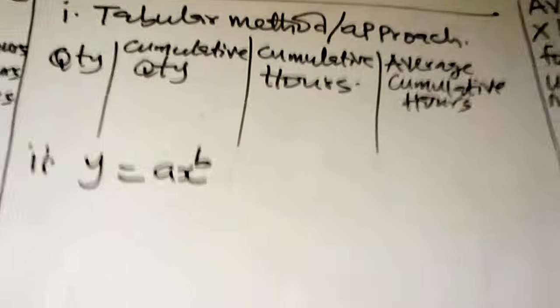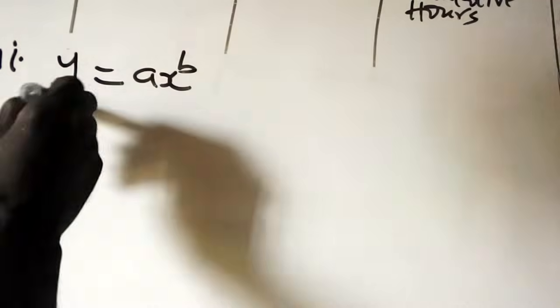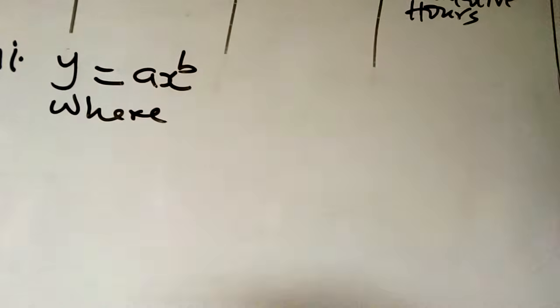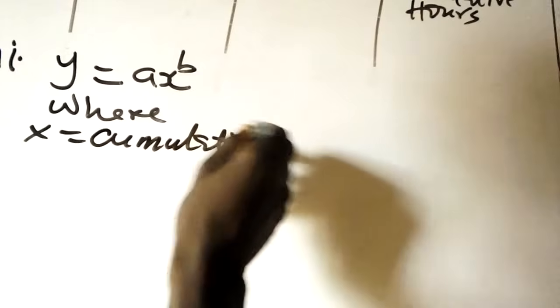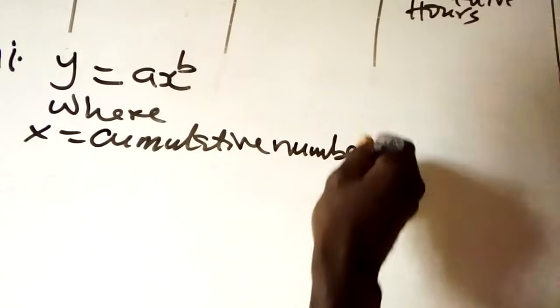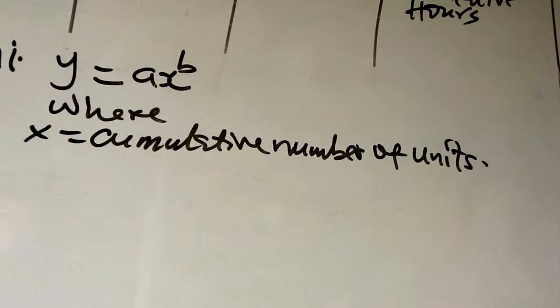Now let's define the variables in this formula, the algebraic approach, where x is the cumulative number of units, or the total output. X is the cumulative output, or cumulative number of units, divided by the number of units in the first batch.